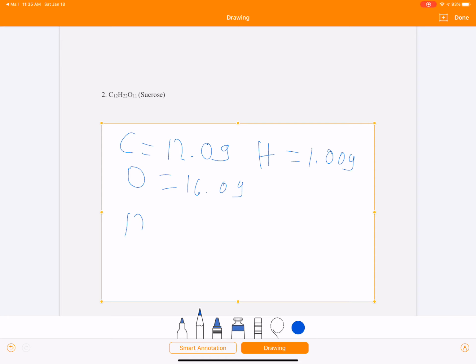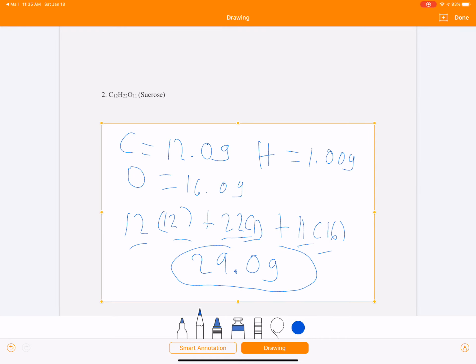So you do the following: 12 times 12, plus 22 times 1 for hydrogen, plus 11 times 16. 12 is the molar mass of carbon, and there are 12 atoms of carbon in sucrose. 22 is the number of atoms of hydrogen in sucrose, and 1 is the molar mass. And 11 is the number of atoms of oxygen in sucrose, and 16 is the molar mass. So you find the mass to be 342 grams, 3 significant figures.